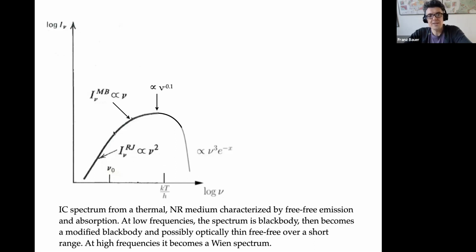Above nu naught, we have the intensity is going as a modified black body, so as nu. And then we have at some point here our optically thin regime. And so we break into an optically thin regime, which is here. And so we have nu going as nu to the minus 0.01.